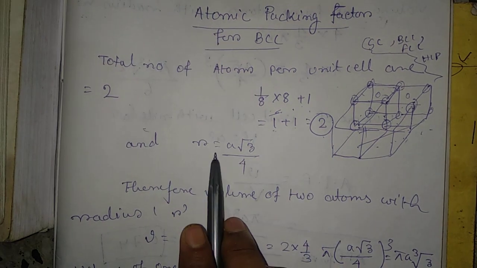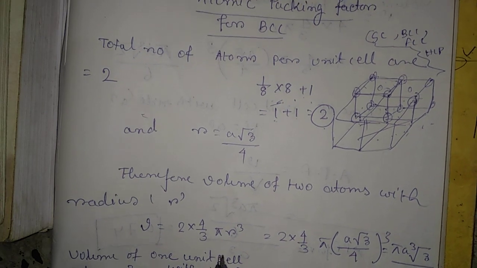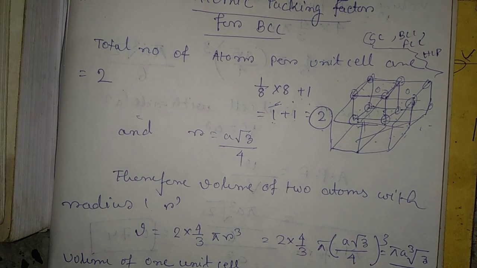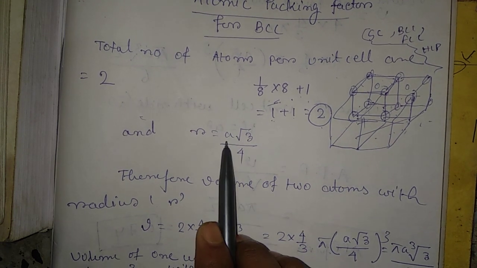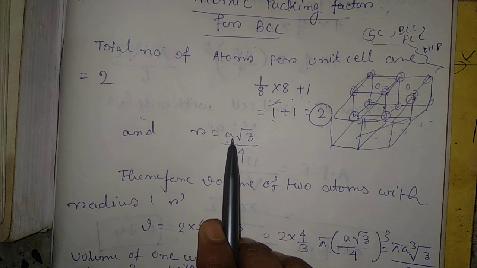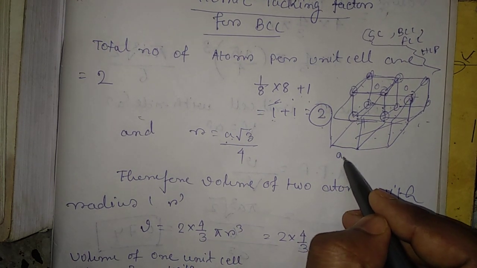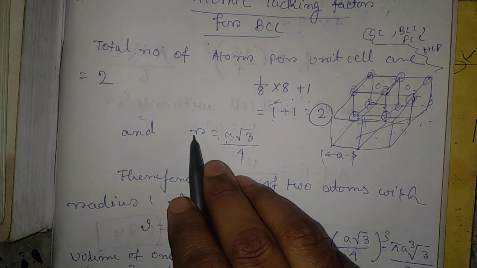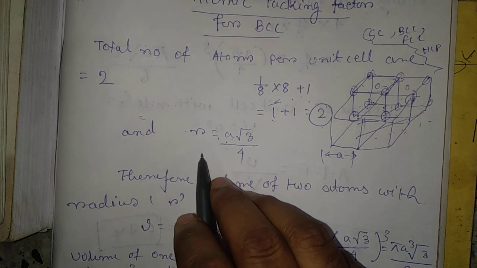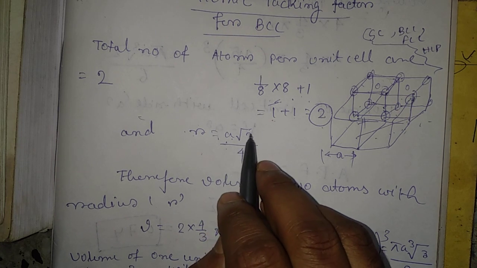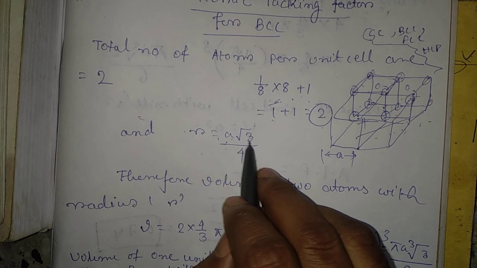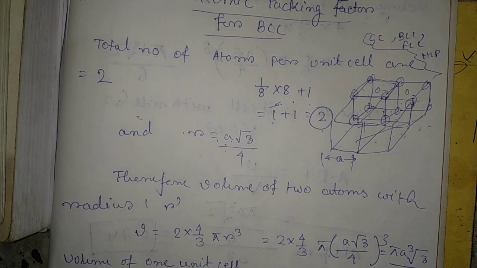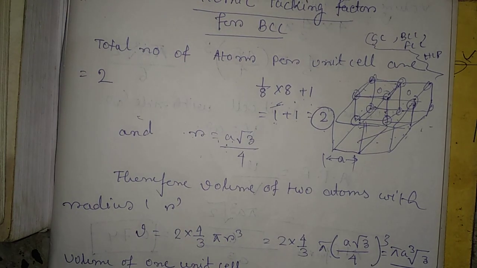We have already discussed the relationship between the lattice parameter a, the edge length, and the atomic radius. The relationship is R equals a times root 3 by 4.